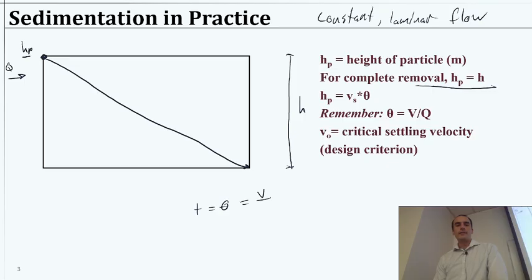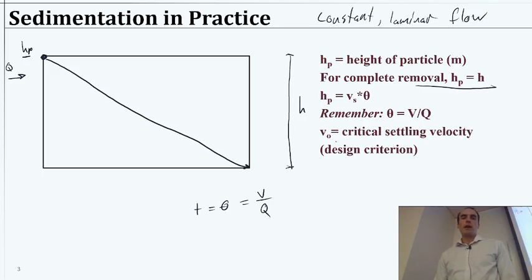Now I already mentioned the time that we have to fall. We can say this is V over Q, so theta is V over Q, and this is the volume here, uppercase V. What we want to do is understand and connect the settling velocity to the size of the reactor and our flow rate. So our goal is to design this according to the critical settling velocity, that's the settling velocity of the particle.